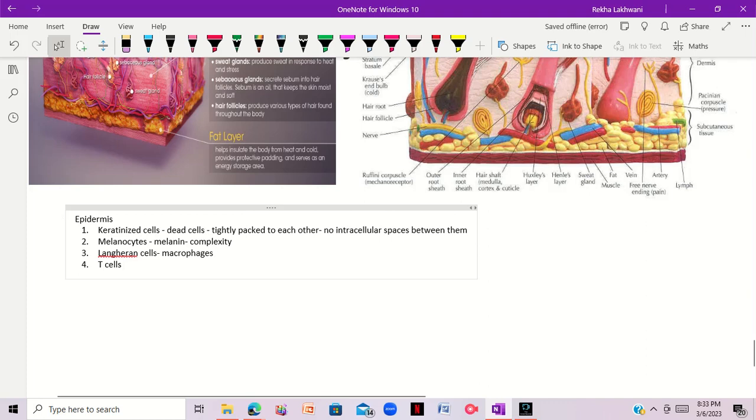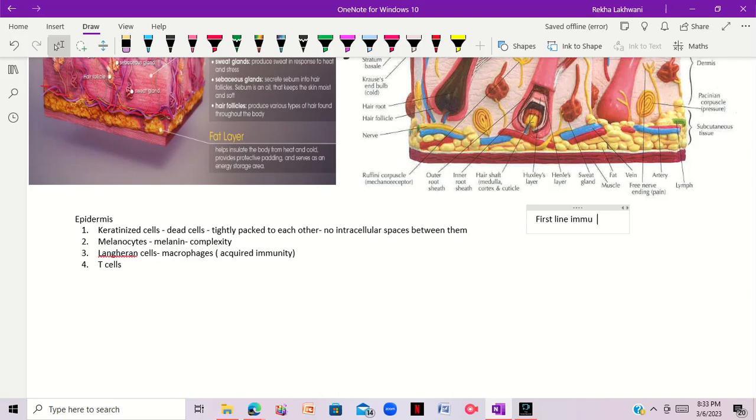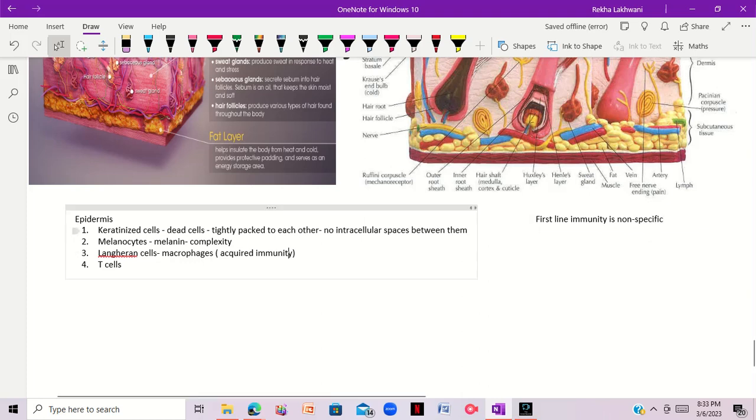A thing to remember is that this first line of immunity is non-specific. Okay, this was epidermis.